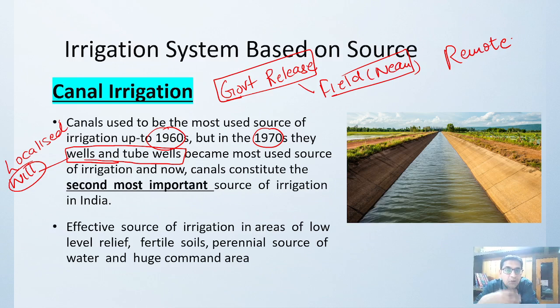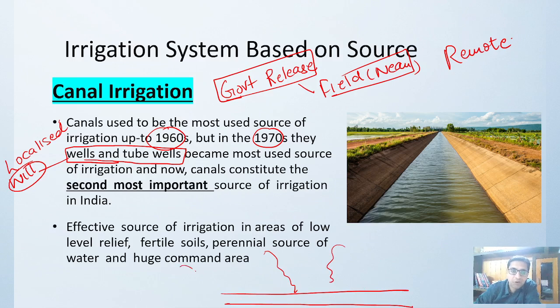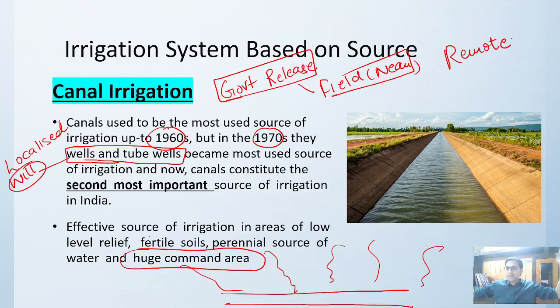And wherever there is a huge command area, that means if we have water resources coming from different places into this canal, and water is coming from a lot of sources, that means we have a huge command area from where we can catch all the water of that whole area and channelize it into a single way.